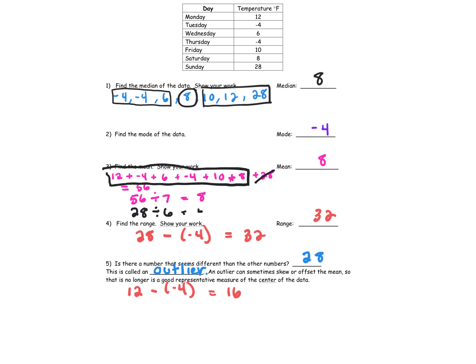And that would give us 4.6 repeating. So we could round that maybe to 5 degrees. So 5 degrees, if I look at just the first 6 days, might be a better representation of the middle of the data, not including this outlier. Thanks for listening, and see you next lesson.